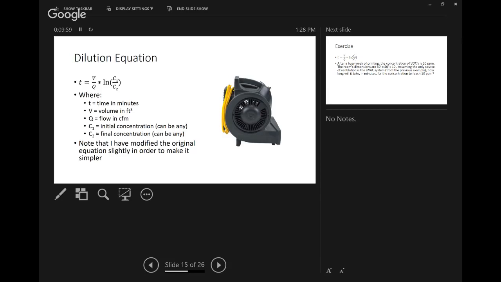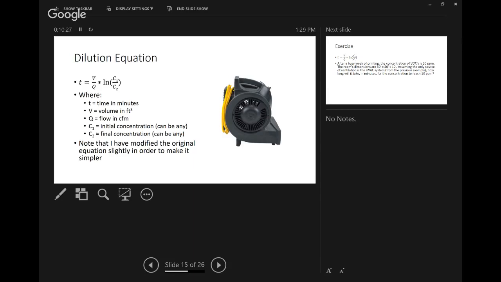Let's think of the 3D printing lab. We saw that it's not well mixed, but let's say that 5 parts per million of VOCs have dispersed themselves evenly across the 3D printing lab.